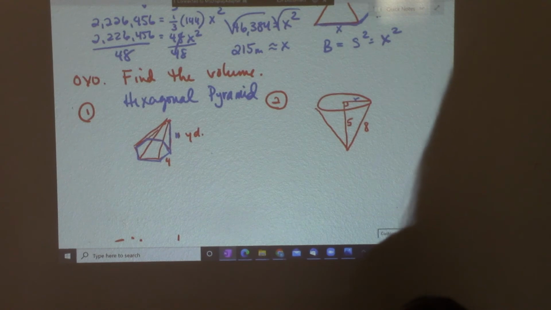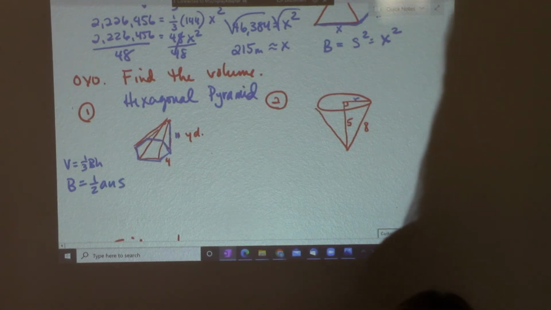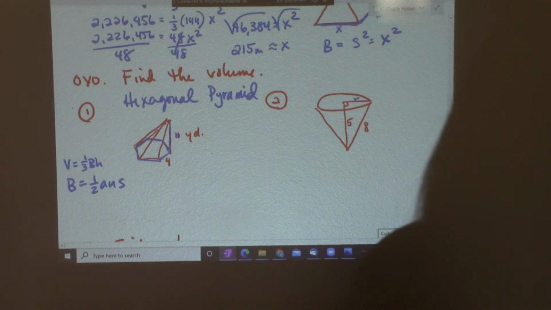Alright, so now my formula, I don't have too much room. I'm going to really work over here, is 1/3 base area times height. And my base area is going to be my formula 1/2 apothem times side. A is for apothem. So do you remember if I draw a little triangle in here, now I'm going to draw it bigger over here so you can see it.